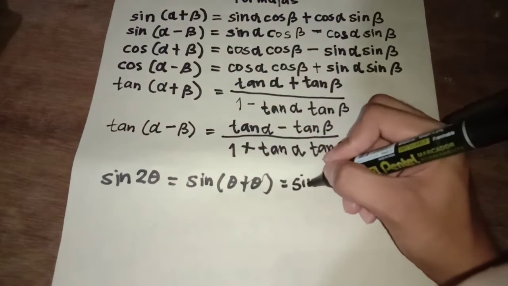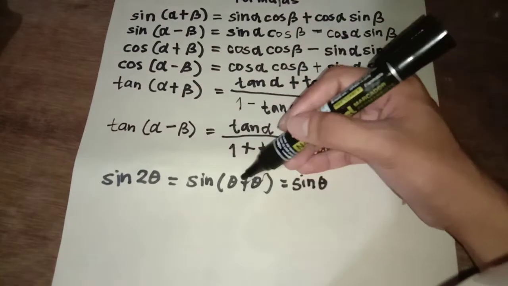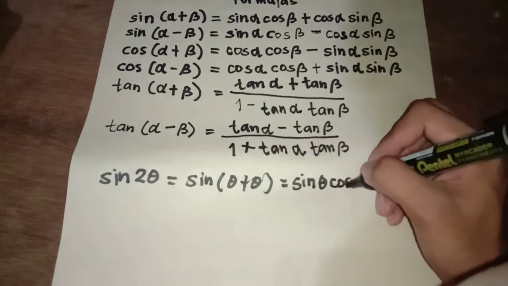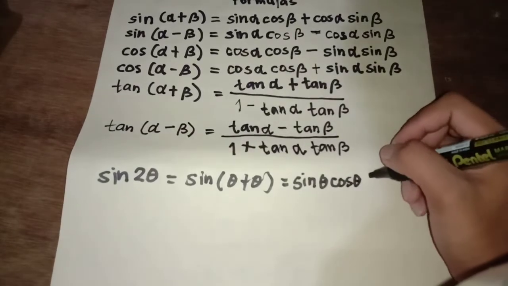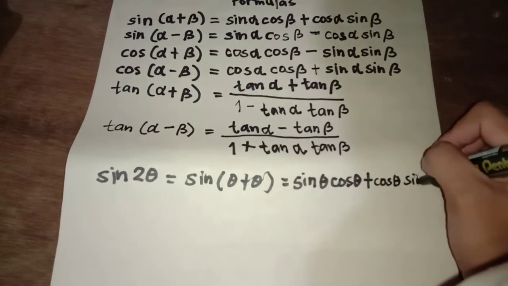that is equal to sine theta, the first angle is theta and the second angle is also theta, so cosine theta plus cosine theta sine theta.